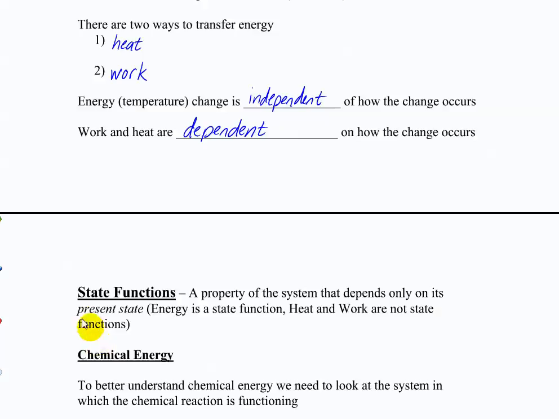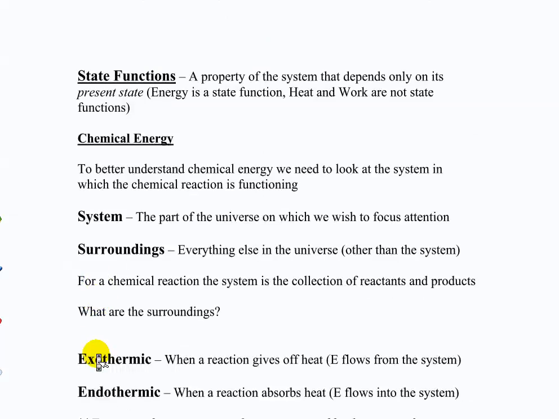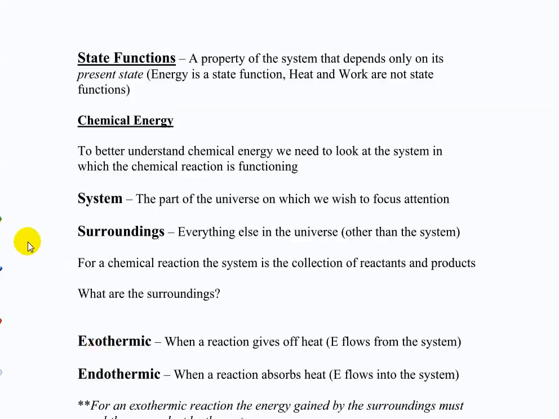So in a chemical example, we can talk about what a chemical reaction does to the system or the surroundings, how it transfers its energy, and how it changes energy state. We have two parts of a chemical reaction. I mean, lots of parts, but we talk about the system and we talk about the surroundings. The system in chemistry is the reaction. The surroundings is everything else in the universe.